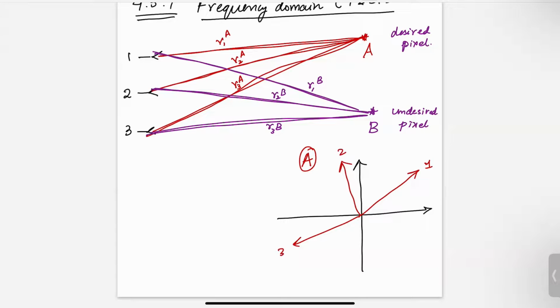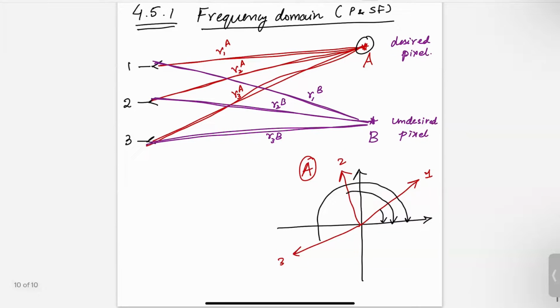Now what you want to do is, when you reconstruct, if you want to focus on this pixel, you want to bring all of these back to 0, right? So you want to unwrap them again. You want to bring this back, this back, and this one back, right?